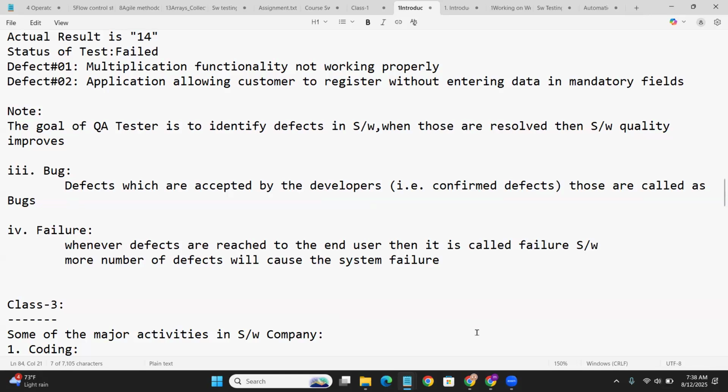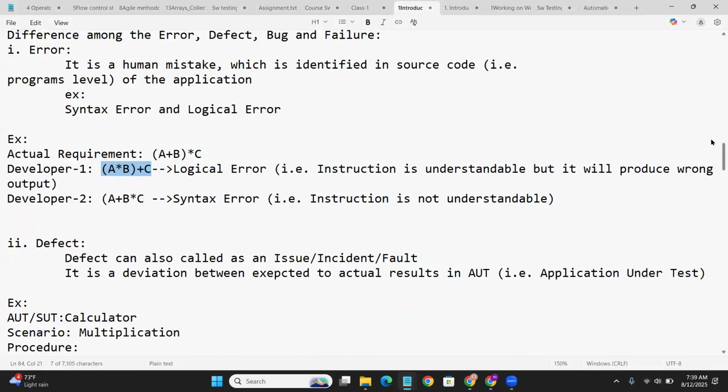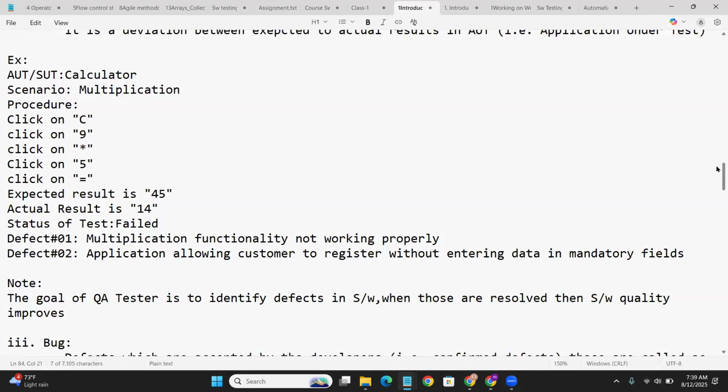Is it clear? Any doubts? So, the error, defect, bug, and failure.